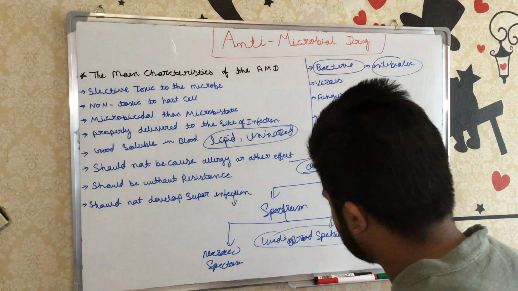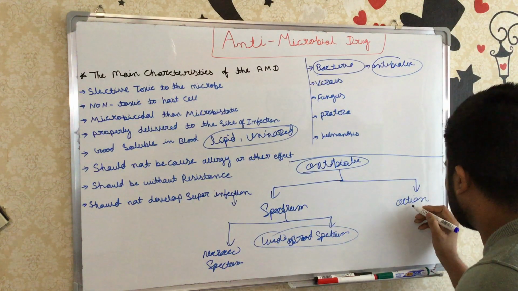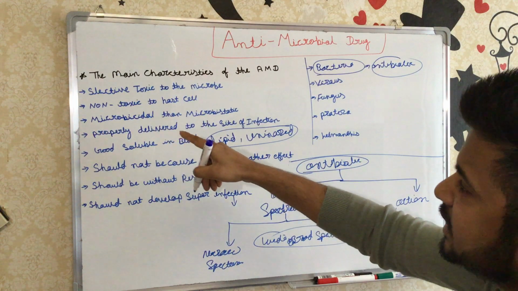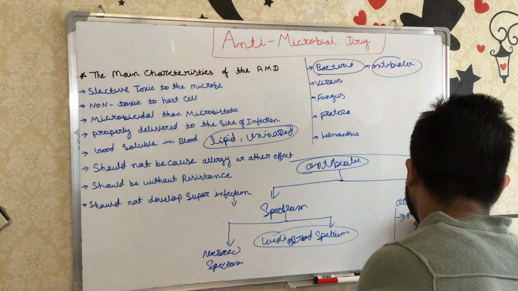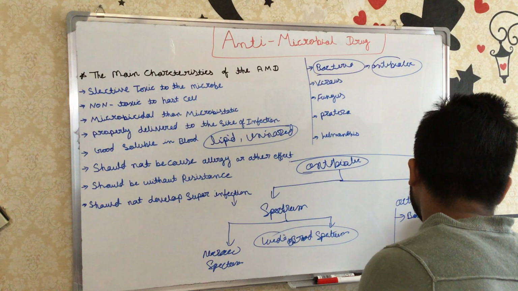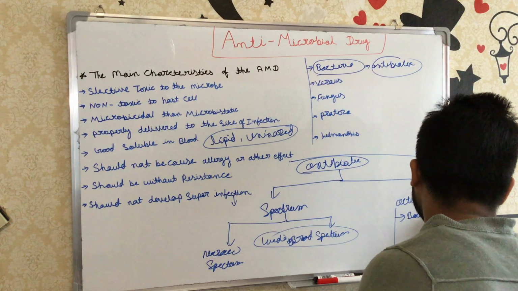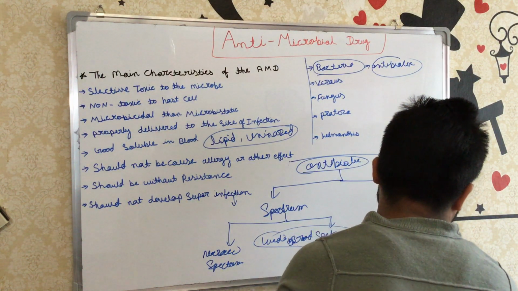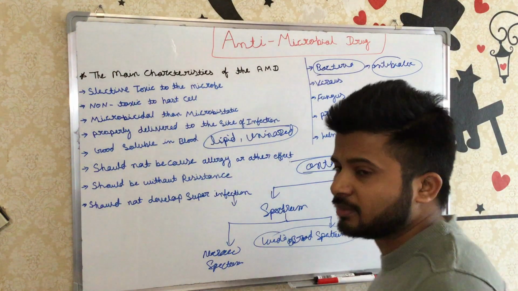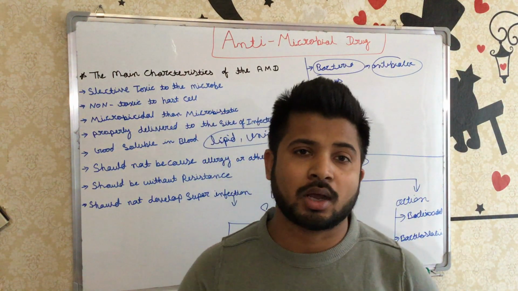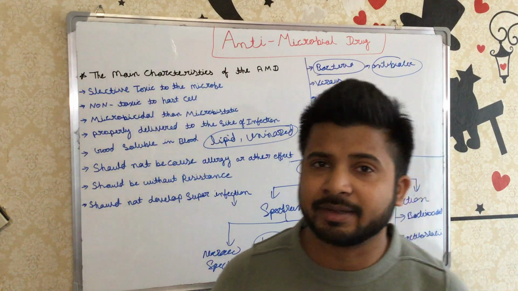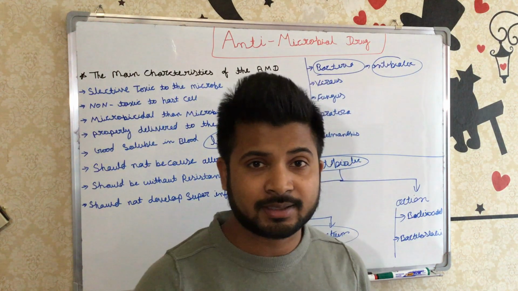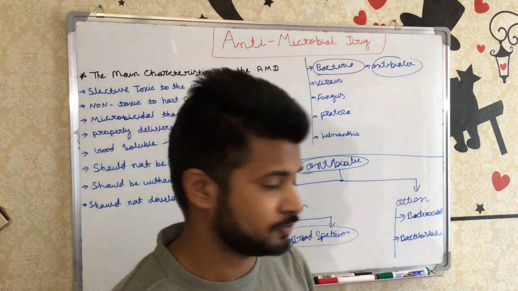According to the action, it is the same as in antimicrobials. As I said, microbicidal and microbistatic, here also bactericidal and bacteriostatic. Bactericidal antibiotics kill the bacteria, and bacteriostatic antibiotics inhibit bacterial synthesis.